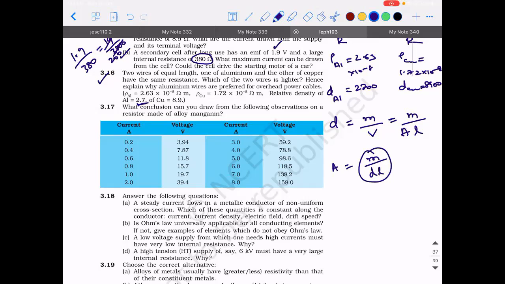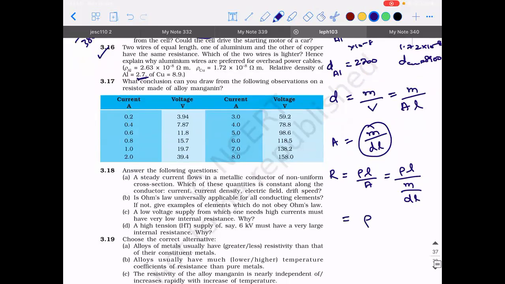Okay. So we know that R is equal to rho into L by A. So it is rho into L divided by, in the place of A, can I write it as M divided by DL? So this will give us rho into D into L square divided by M. So this is going to be the formula for resistance for this particular problem.